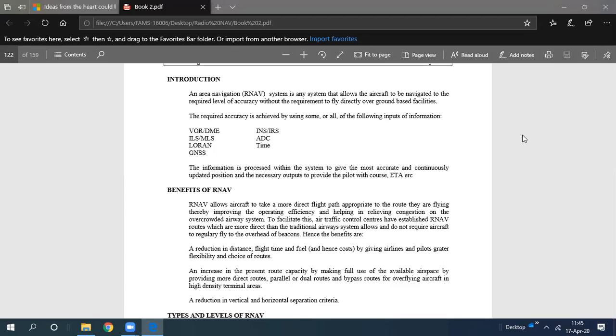What used to happen is when we talk about the ATS route, we have the so-called ground-based navigation aids at each turning point or waypoint. We have those navigation aids available there.